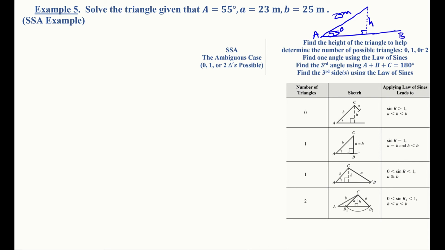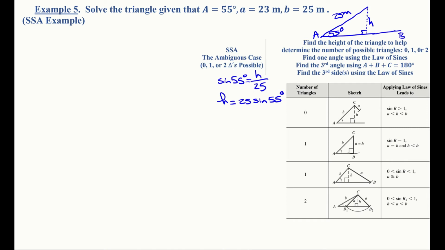So we know that sine of 55 is h over 25 in this triangle. If we solve that for h, we get h is equal to 25 sine of 55.